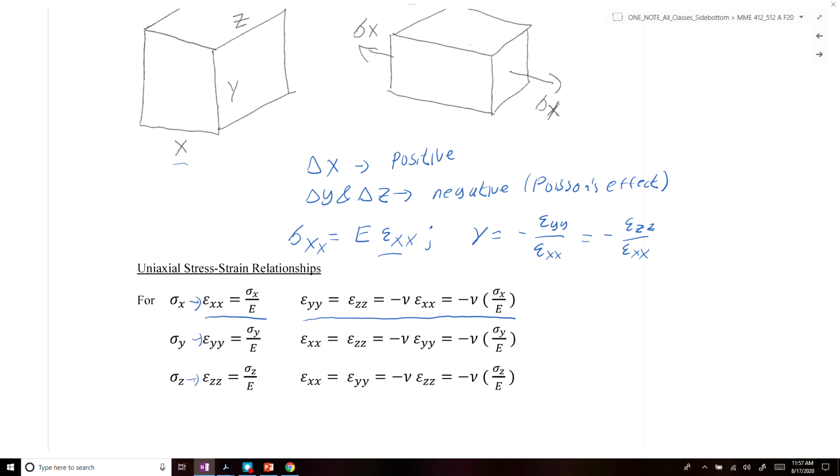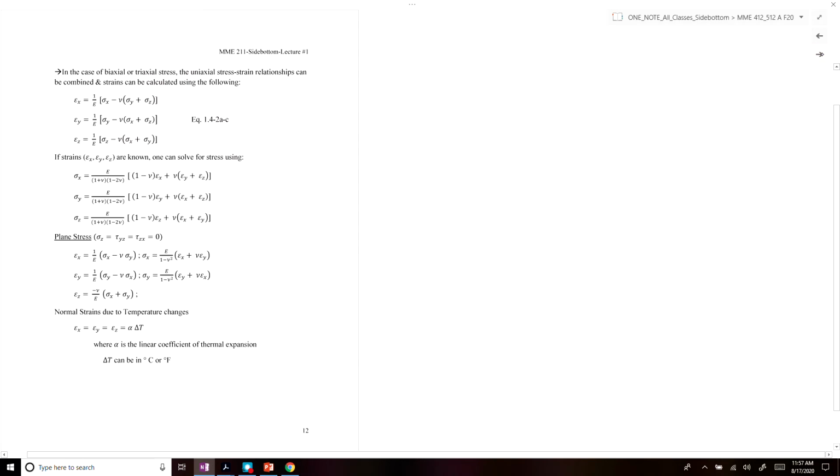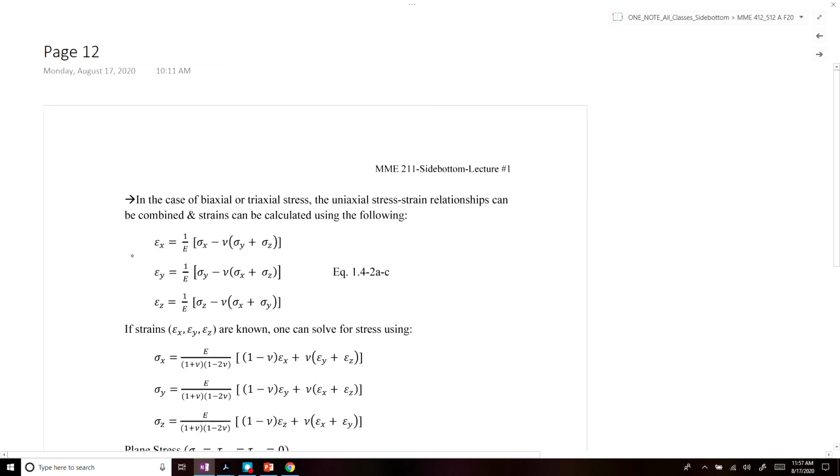So in this class, we're often going to be talking about cases where you have either biaxial or triaxial stress. So if we draw our stress element here, we're talking about cases where you'd have sigma x, you'd have sigma y, and maybe you'd also have sigma z.